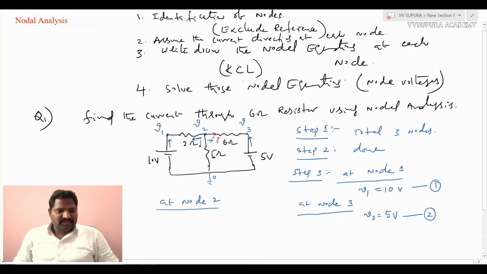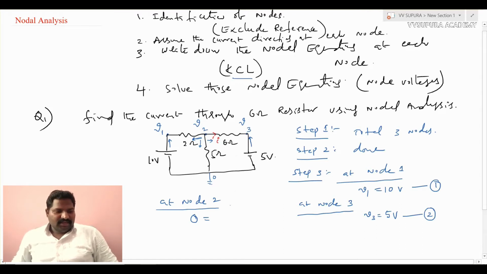According to the KCL, the sum of the currents entering a node is equal to the sum of the currents leaving. So what is the current entering node 2? From my assumption, entering current is equal to 0. So what are the currents leaving? V2 to V1 is one current, V2 to reference is one current, and V2 to V3 is another current.